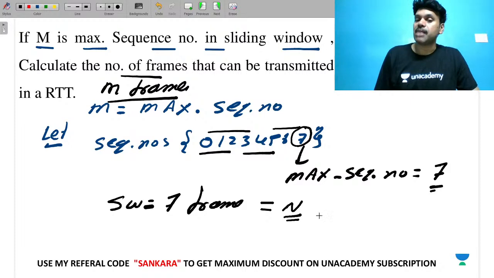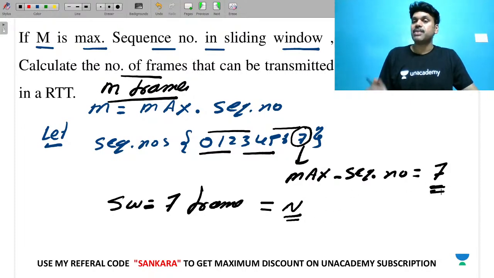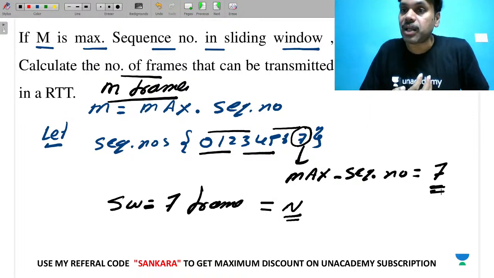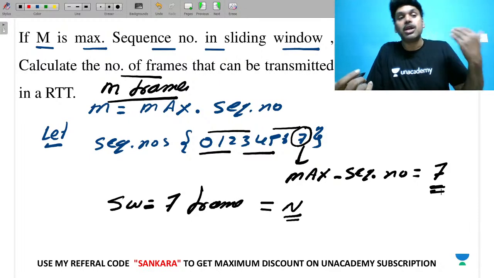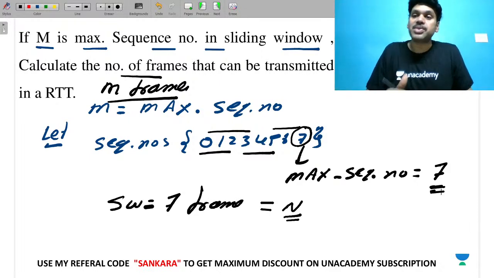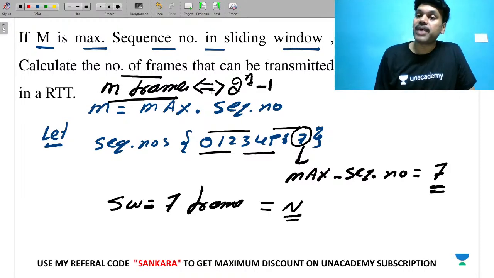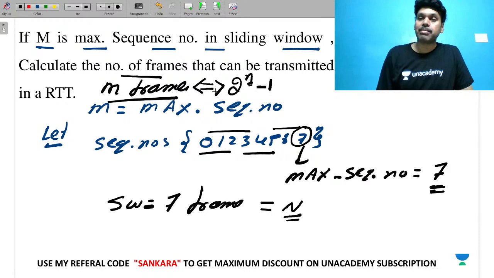Your answer is M frames, which according to this example is 7. Whatever the maximum sequence number is in your pool of sequence numbers, those many frames the sender can send, which is equal to 2 power n minus 1, where n is the number of bits required to represent your sequence number.